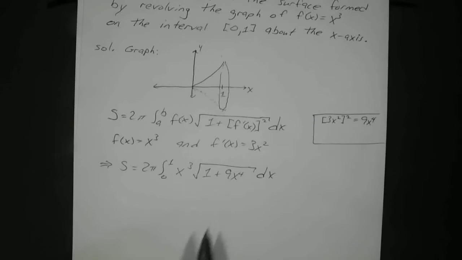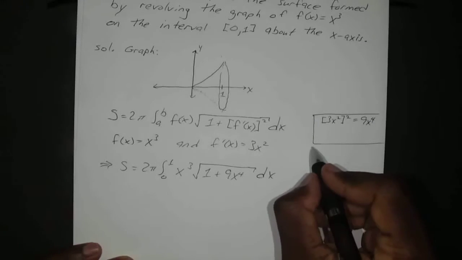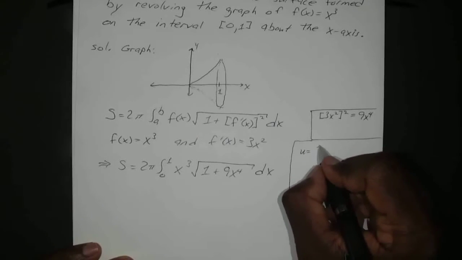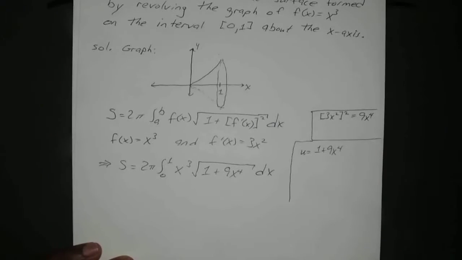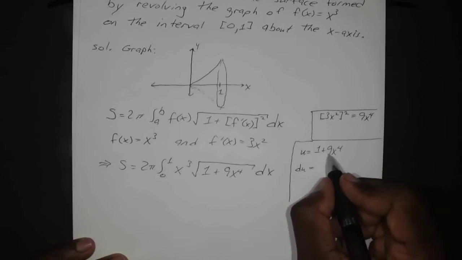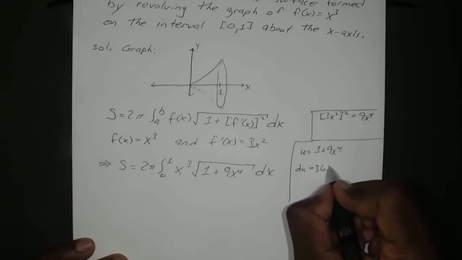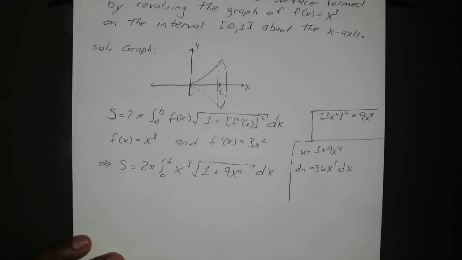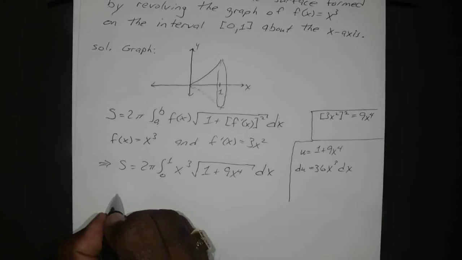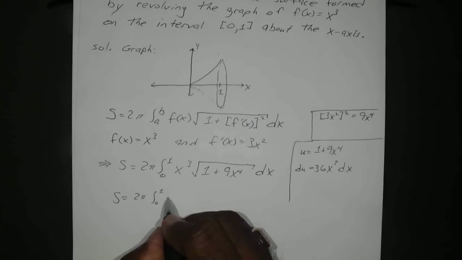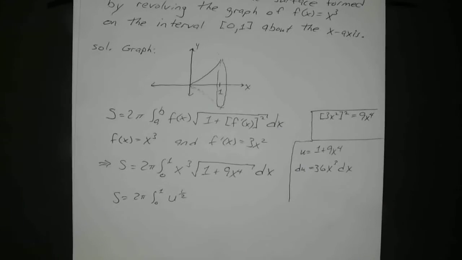Okay. Now this, once again, is where we're going to use our u substitution. So if we let u equal 1 plus 9x to the fourth, and our du, the derivative of that, is 36x to the third with respect to x, then if we rewrite it a little bit, the integral from 0 to 1, if that's our u, that would just become u to the 1/2 power.